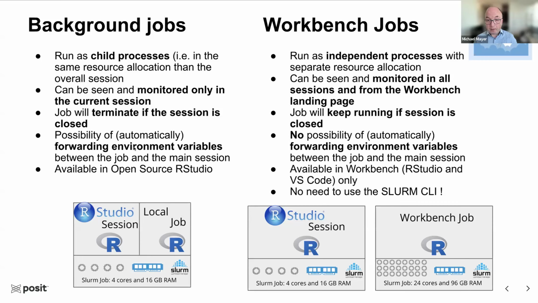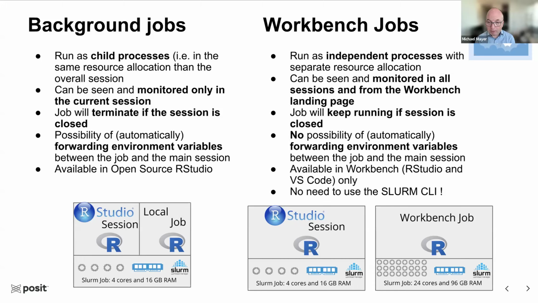Now, Workbench jobs are slightly different because they run as a completely independent process. On Slurm, they will run in independent Slurm jobs. They are globally available. They can be seen and monitored in all sessions. And because they're separate jobs, they will keep running if the session is closed.